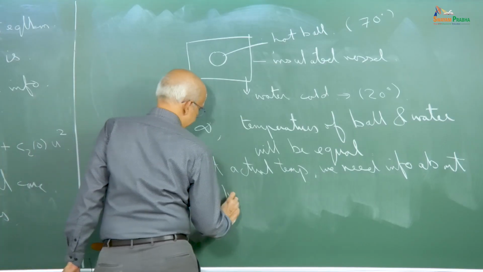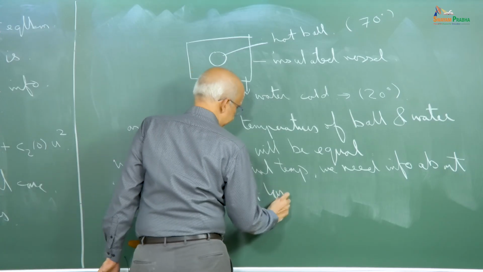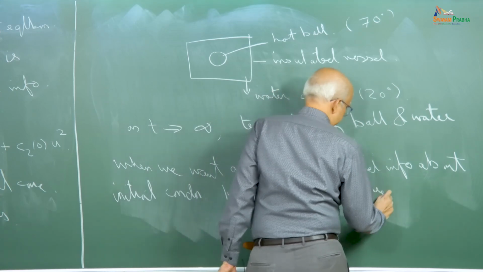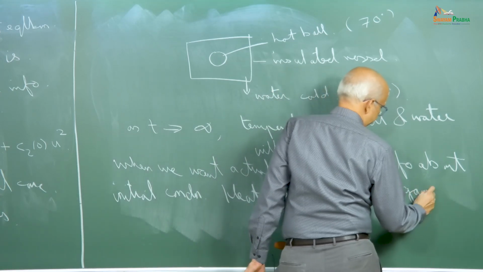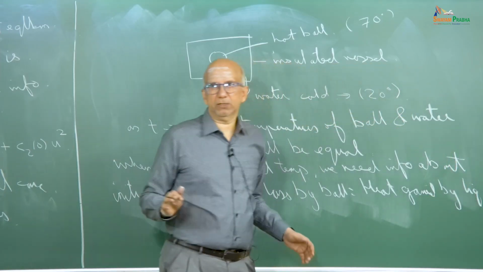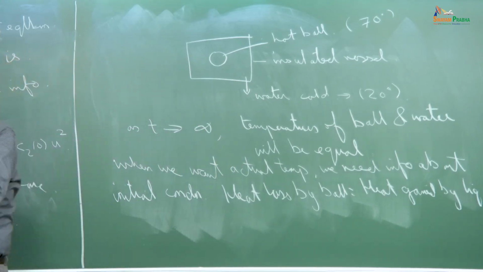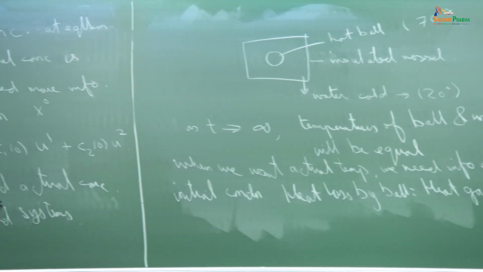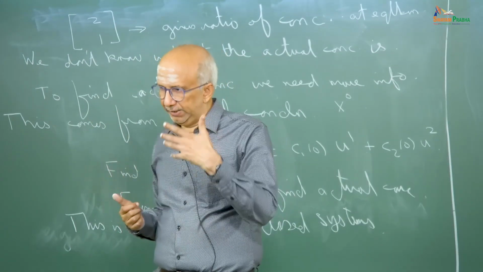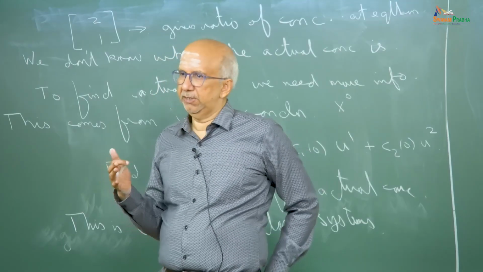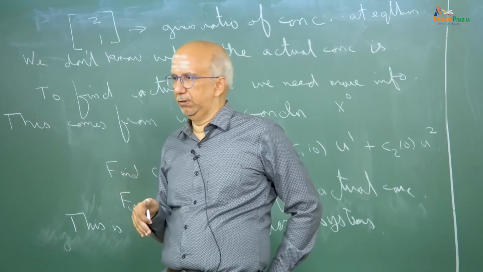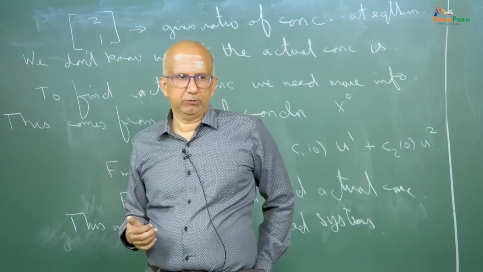Then I can say heat lost by the ball equals heat gained by the liquid, and this again is a closed system because there is no exchange with the environment. Okay. So again I need that initial information, like in the batch reactor I needed that initial information. What is the reactant concentration in the beginning? Only A, only B, and then I found out what the actual value is.